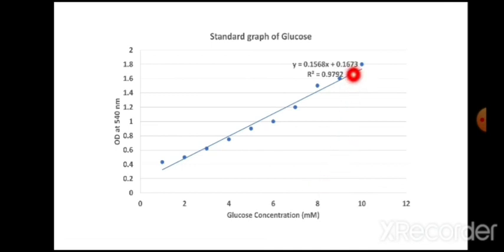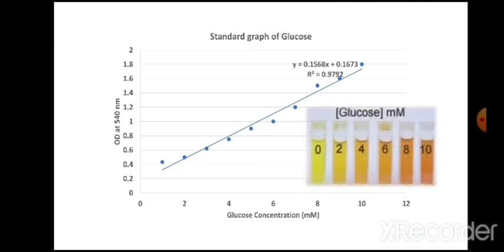So if we draw this line through center, then this c will be 0, and the formula will be x equal to your reading of optical density divided by slope. Directly you will get the value of glucose concentration. This is how the standard graph of glucose is prepared.